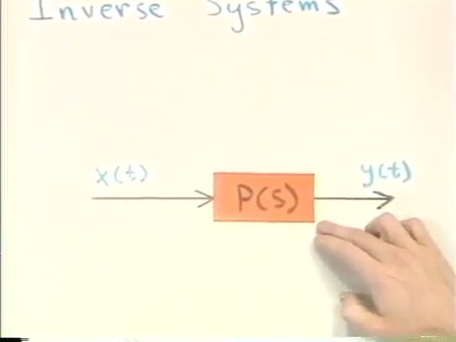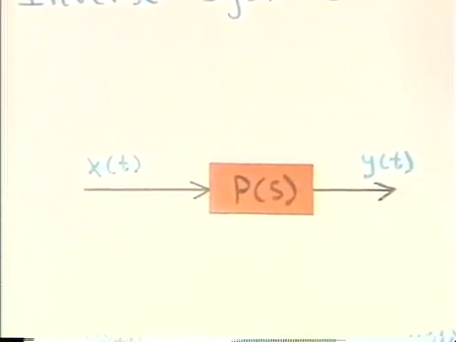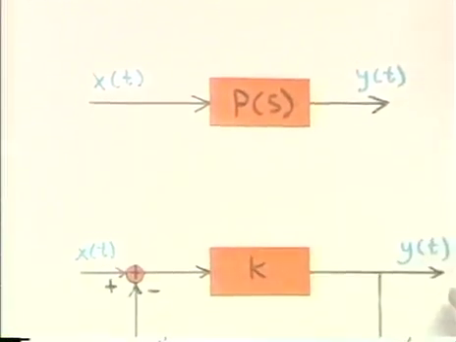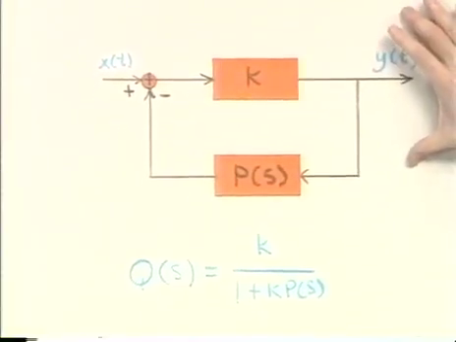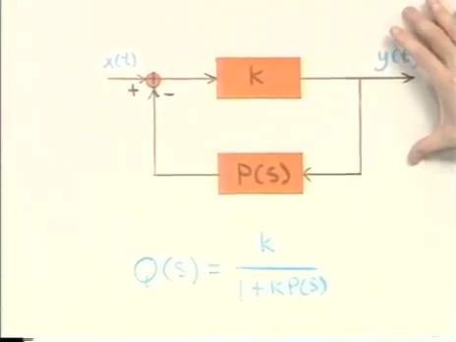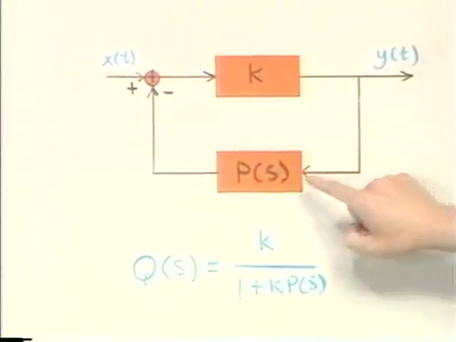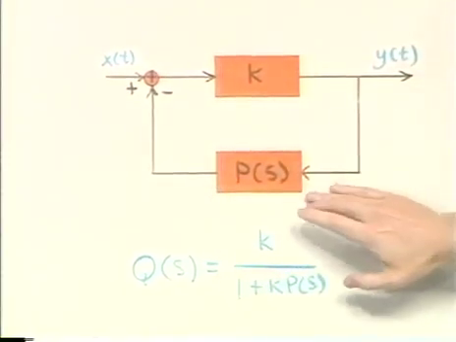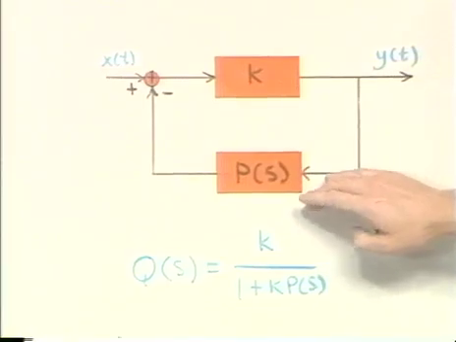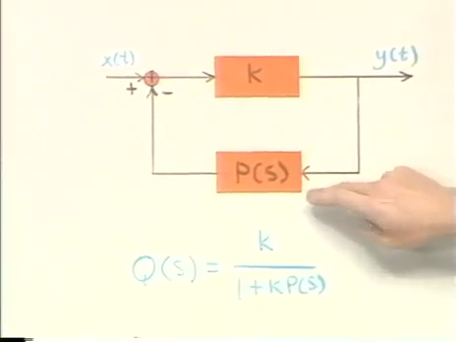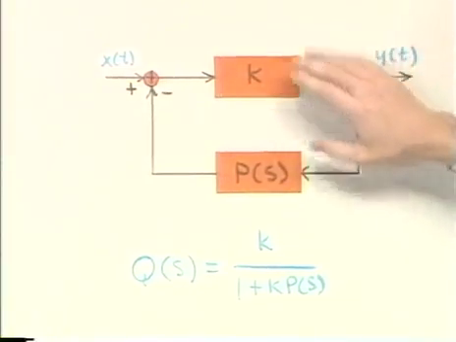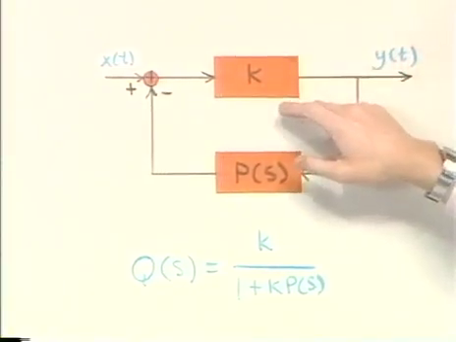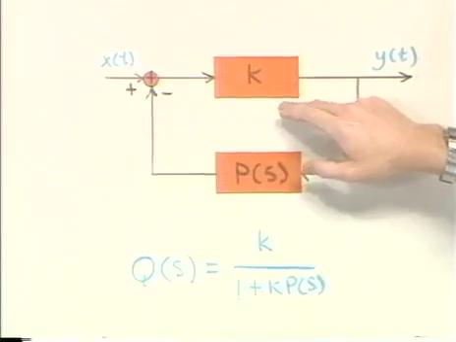The answer to that is yes. And the feedback system in that case is as I indicate here. So here what we choose to do is to put the system whose inverse we're trying to generate in the feedback loop, and in this case a high gain in the forward path. Now for this situation, K is again a constant, but in fact it's a high gain constant.